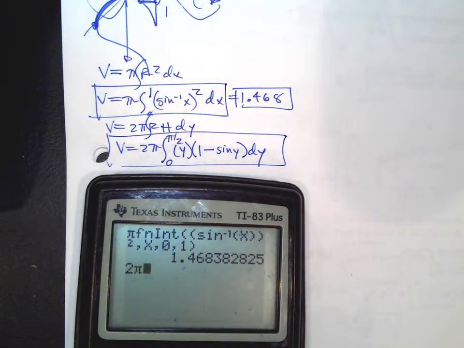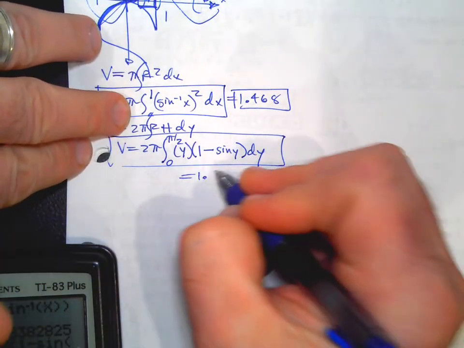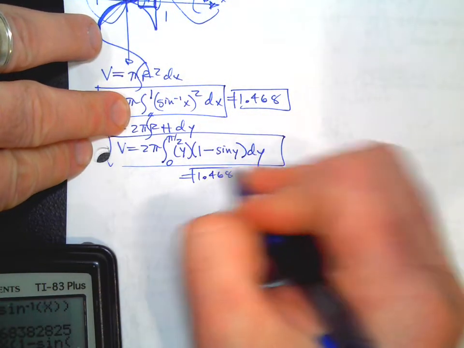And let's see if it gives us the same answer. 2 pi math 9 x, parentheses 1 minus sine of x, close, comma x, comma 0, comma pi over 2. Hey, same answer. 1.468. Nice. Okay.